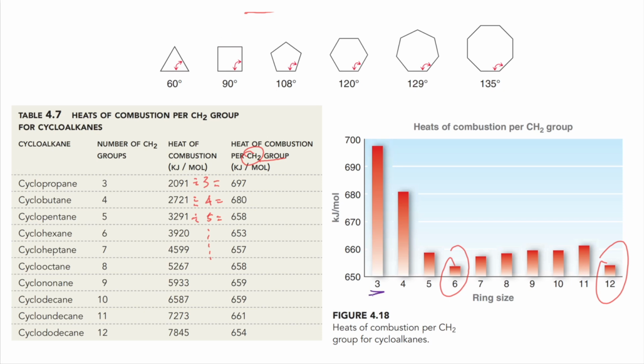However, we can see that the ring with 3 carbons is very unstable. We have a very high energy because of the bond angles. You can see it's very hard to put it like this. It will tend to break. We can also see that 6 and 12 are the most stable ones. So we will see a lot of 6 carbon rings and 12 carbon rings in nature, for example, glucose.